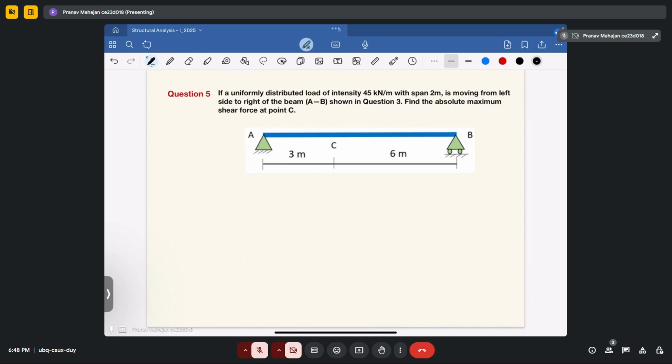Now you are expected to calculate maximum shear force. So for shear force, we have already seen in the third question, if you have to determine the shear force, we will divide it in such a manner based upon the ratios of length.